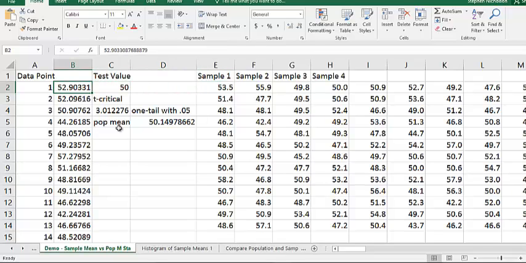I just chose 13 because it's lucky. So I pick 13 of these 1,000 data points randomly, and those 13 values create a sample. So this is one sample, 13 out of 1,000 numbers. This is another sample, another random selection of 13 numbers.